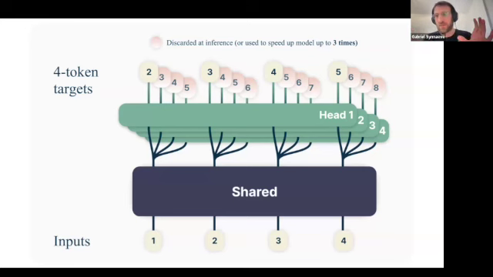The way we did that is we took Llama 2 and Code Llama models, and took the whole trunk, shared for all the token predictions, and just have a different last layer, which projects into the space of the tokenizer. We have just different layers like this for each of the futures we want to predict. So if we want to predict 4 tokens in parallel, we have 4 times this layer instead of 1 time.